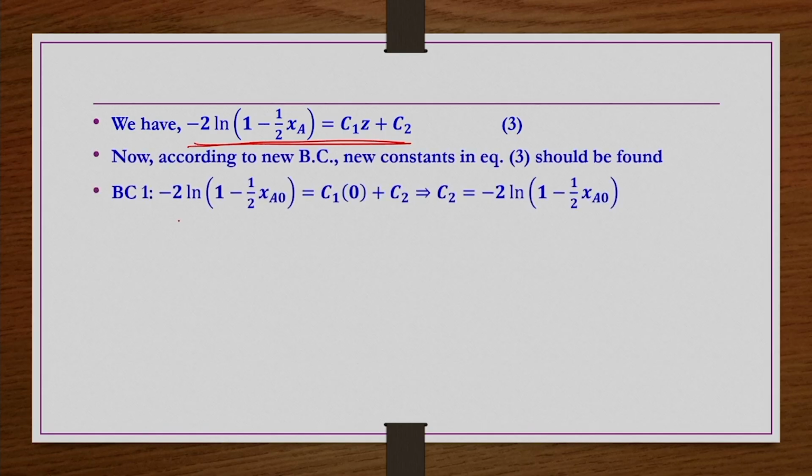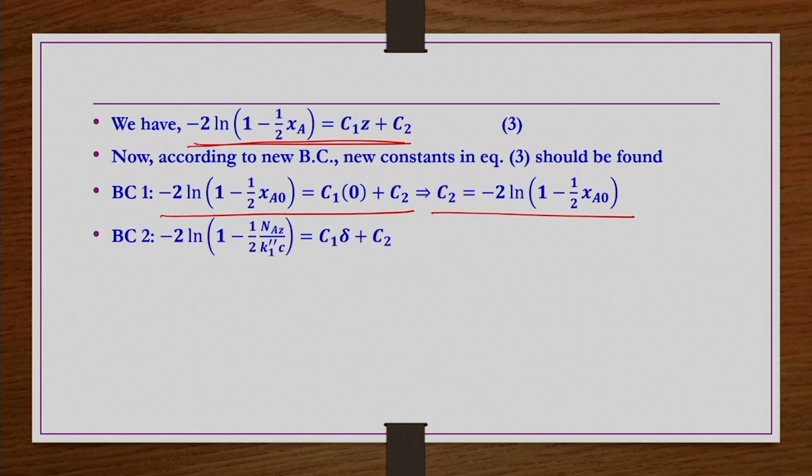So, BC1 is the same, that is at Z equals 0, Xa equals Xa naught. So, C2 you are going to get the same constant as in the previous case, and then BC2 at Z equals delta, Xa is nothing but NAZ by K1 double prime C. So, that is what we have written here.